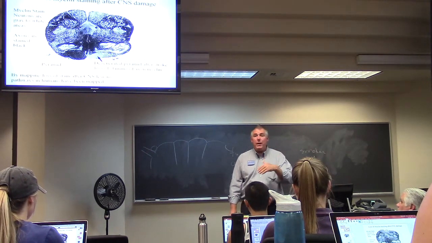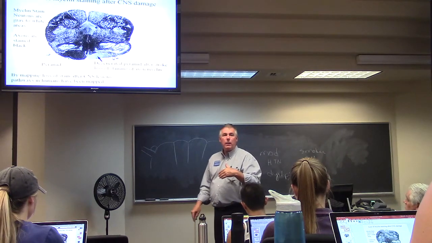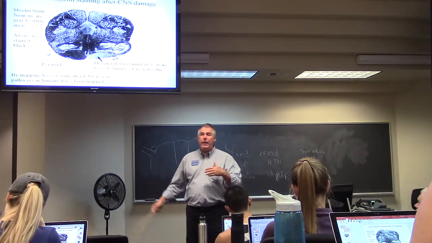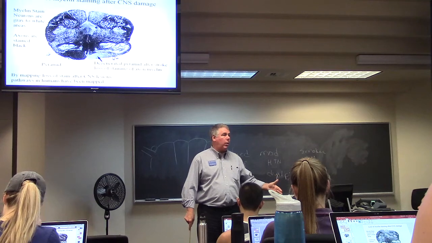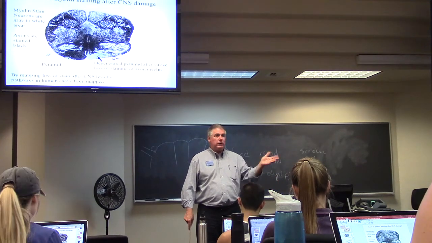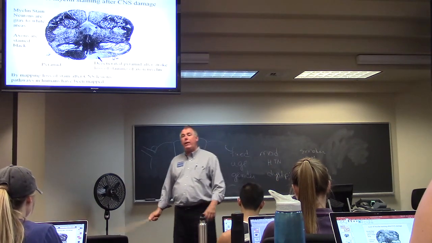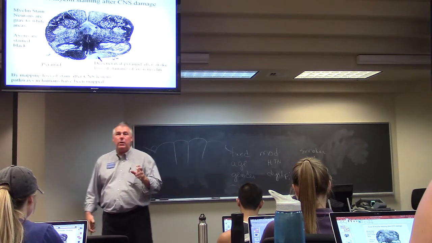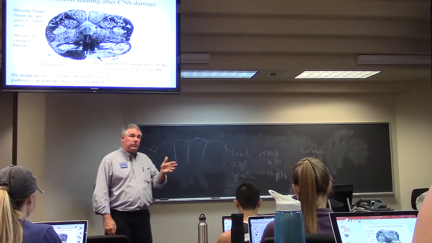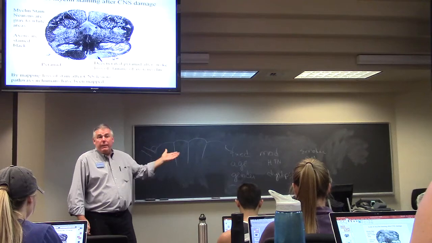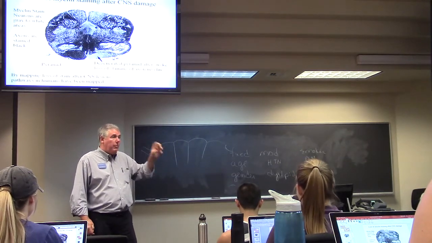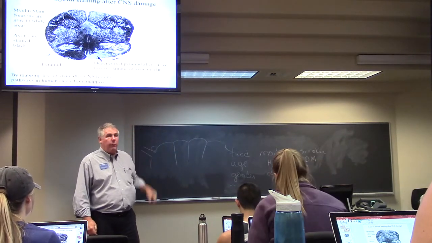The right pyramid was degenerated if the left side of the body didn't work, and vice versa. So degeneration studies was one of the mechanisms that they were able to use to determine function from form.